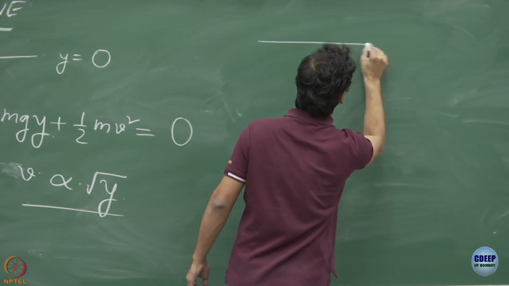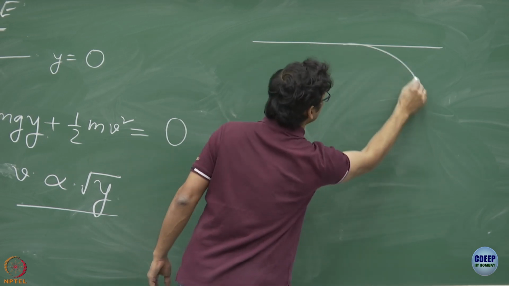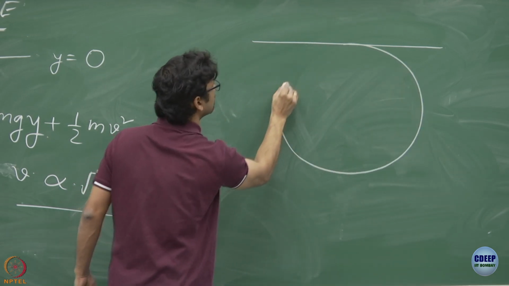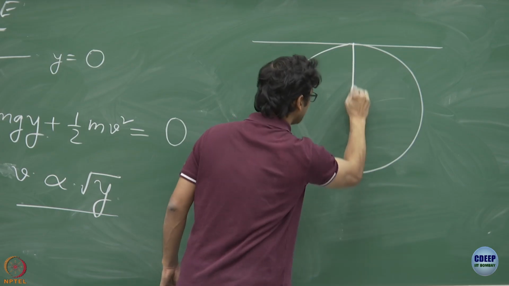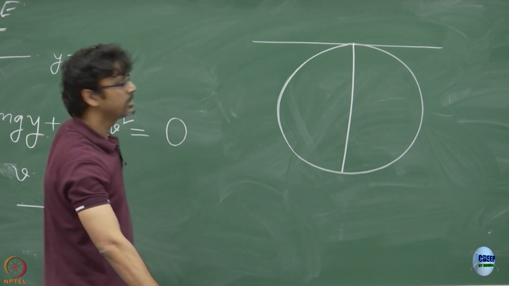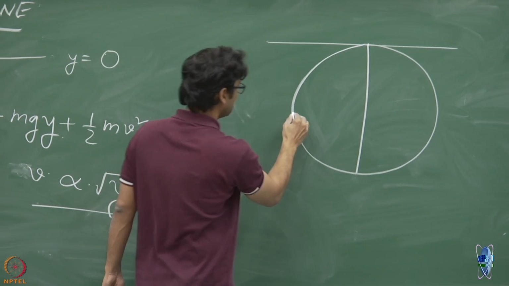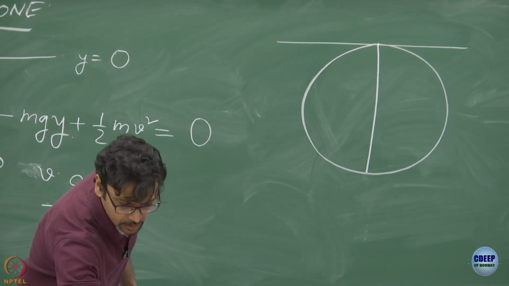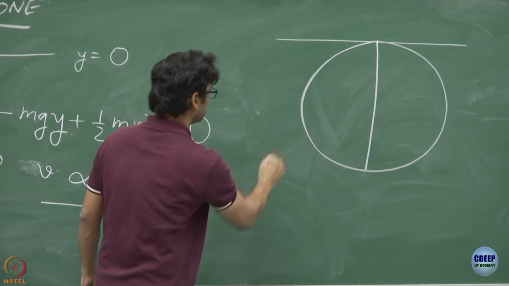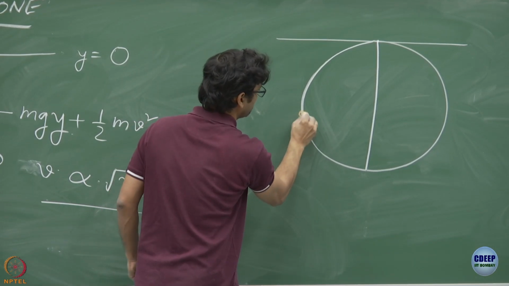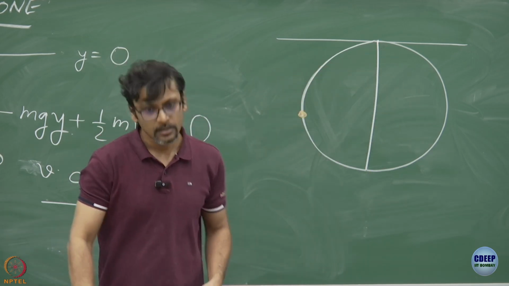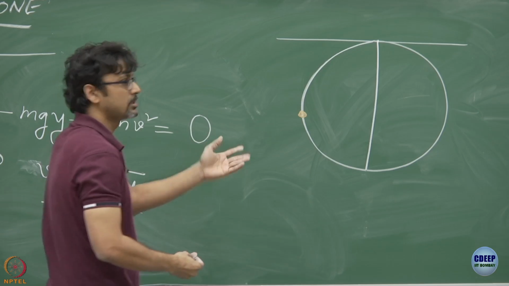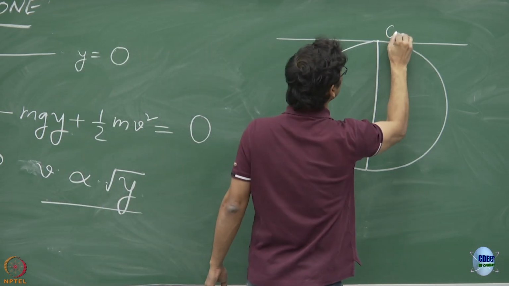So, think about a circle like so, with this being the diameter. Think about this arbitrary point here. Of course, this point of contact will keep changing as the ball rotates. Momentarily, let us say this is O.